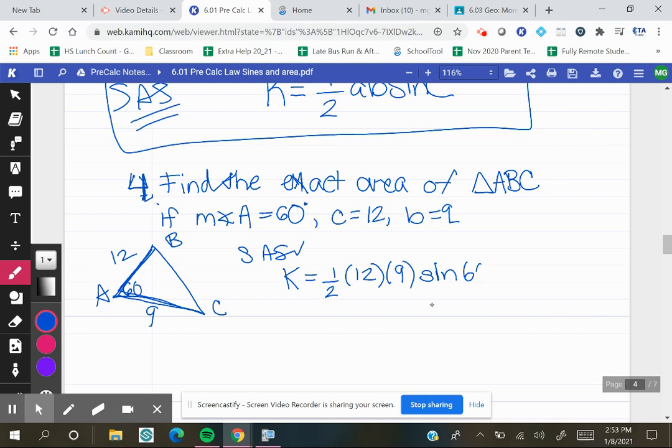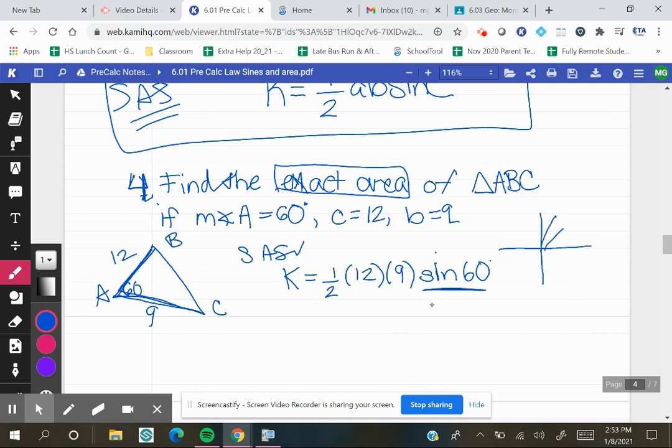So 60 degrees. Now this asks for the exact area. So I do not want a long decimal irrational number from your calculator. So if you type it in, you'll notice you get an irrational number. So we want to actually find what sine of 60 is as an exact value. So you might already have that memorized.